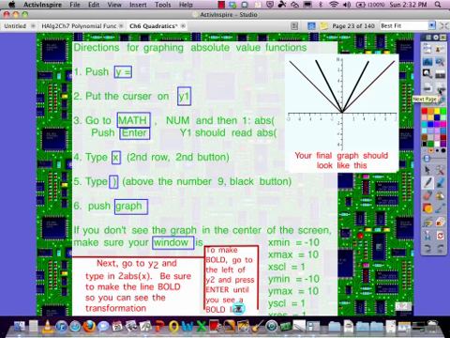Now, you can go to your grapher, some of you have never done this before, and get an absolute value function. So follow this. Push your y equals like you're going to graph. Choose your first choice, y sub 1. Go to your math key. There is a choice of number 1. It's called ABS with a parenthesis. That stands for absolute value. Push enter. It now shows up on the screen. If you just want to do the equation y equals the absolute value of x, which is the basic simplest one that we're looking at, then you type your x value, and you will close it with a parenthesis.